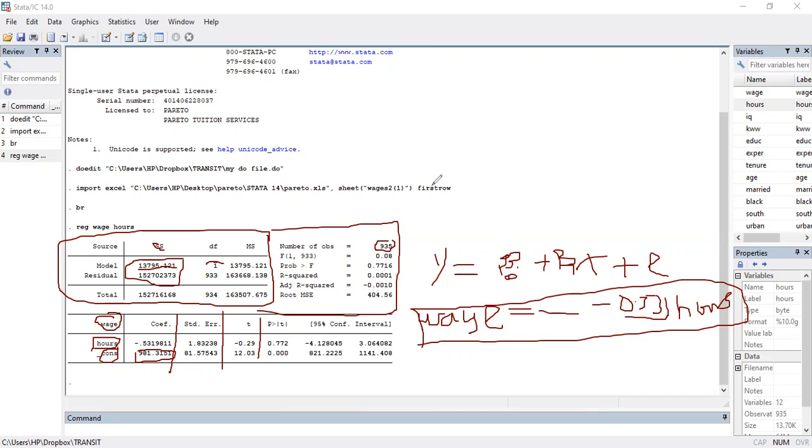Which formulas are you using? Are you using the lowercase formulas, or the big matrix form? It depends on the one that you are comfortable with. And so you were taught both? Yes, there's the matrix, X prime X inverse.